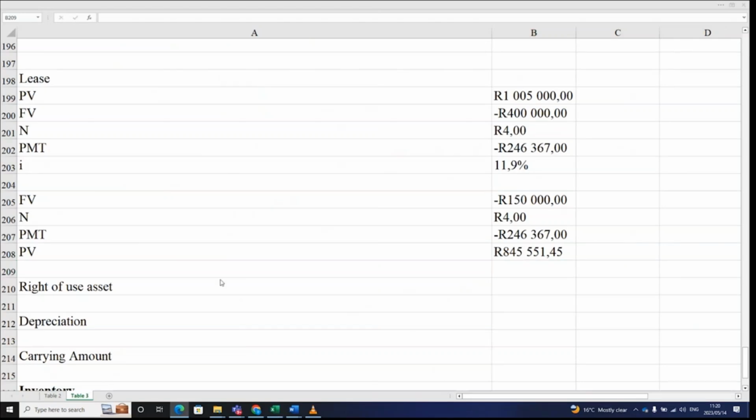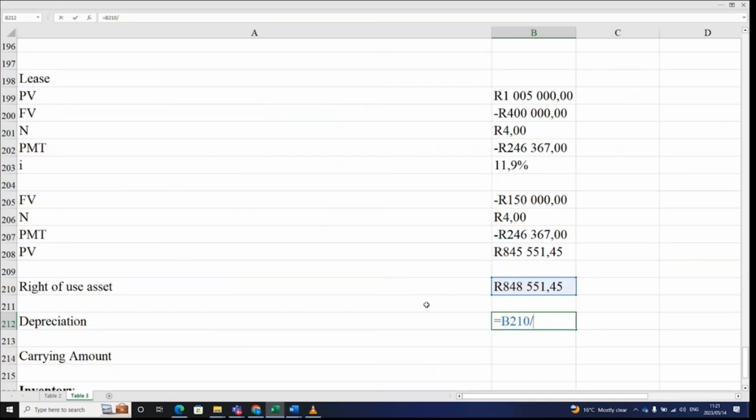We would need to now work out the right of use asset, which obviously includes the directly attributable costs that we discussed earlier. So that would be that 845,000 plus 300,000. Then remember that right of use asset is depreciated over the lower of the lease period and the useful life of the assets.